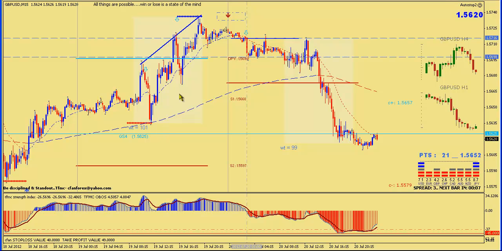Once we have done that, 57.16 will be a resumption of the bull from a breakout of this range bound setup.